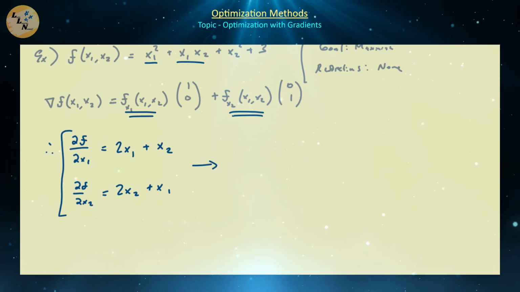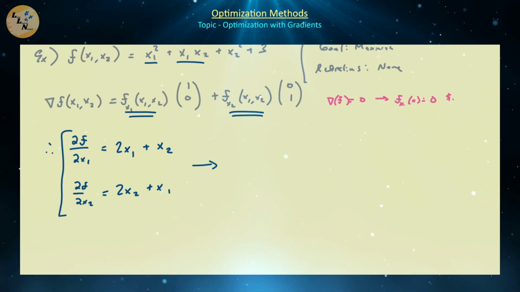Therefore, we want to find the point x1, x2 that makes both of these equations equal to 0. Because remember, if the gradient of f is equal to 0, that means the partial derivative of f with respect to x1 is equal to 0, and the partial derivative of f with respect to x2 is equal to 0 as well.